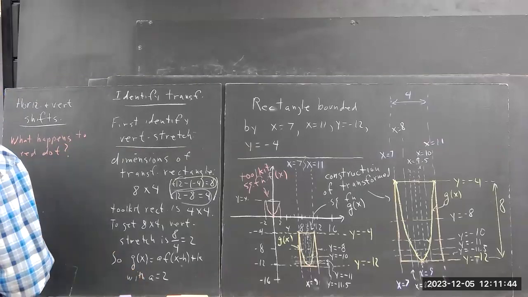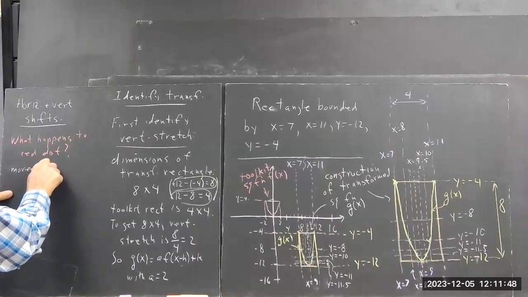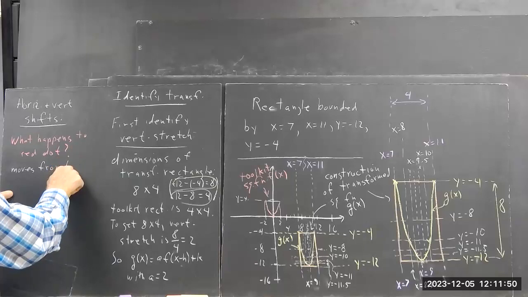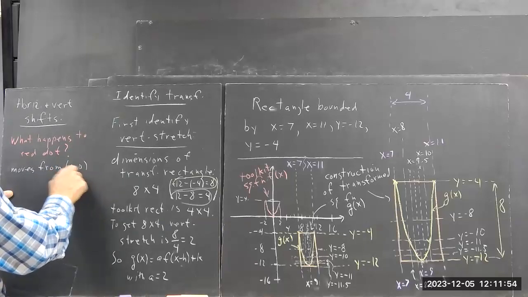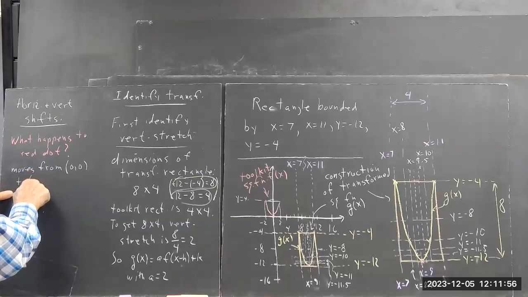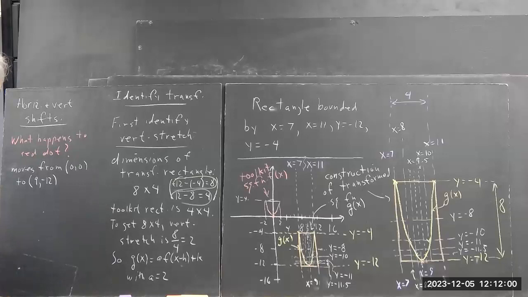Well, it moves from 0, 0 to 9, -12. Did I get that right finally? Okay, so 0, 0 to 9, -12.